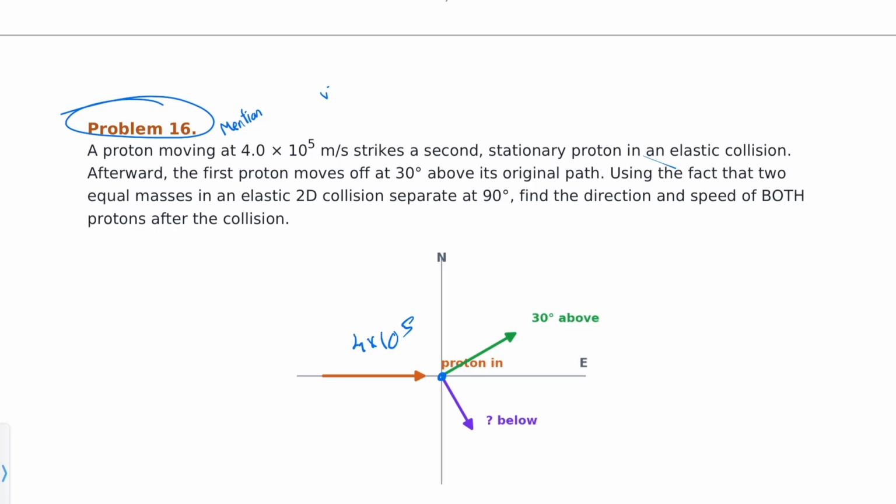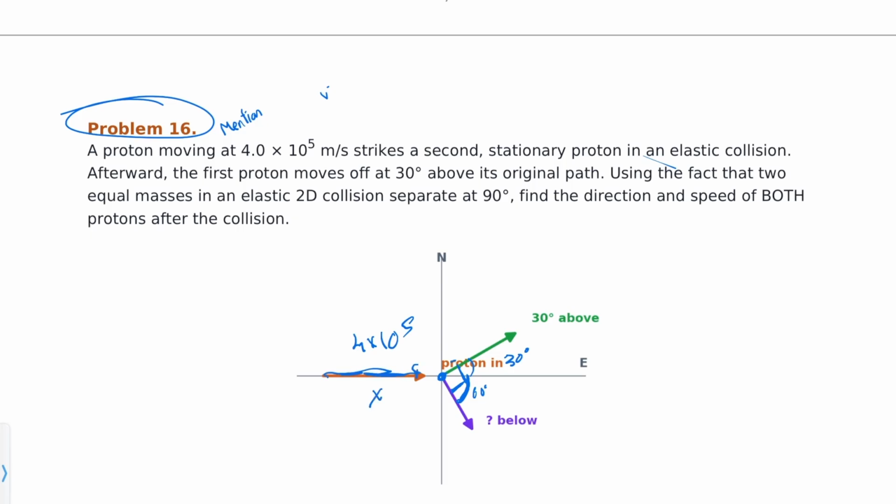You remember, if two masses are the same and they collide, the angle made here is 90 degrees. Since this is 30 degrees here, this would be 60, right? And then you can find the velocity magnitudes by using sine and cosine equations. They're very similar to the tension ropes. Velocity 1 cosine theta plus velocity 2 cosine theta here has to be equal to this x magnitude, because this is only x, right?